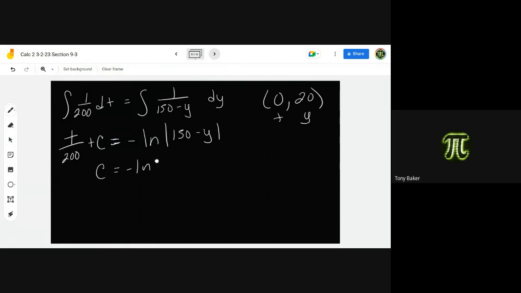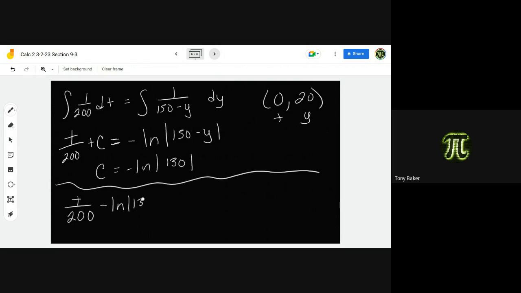So C equals negative the ln of 130. All right, so my equation that I have now is t over 200 minus ln of 130 equals negative ln of 150 minus y.